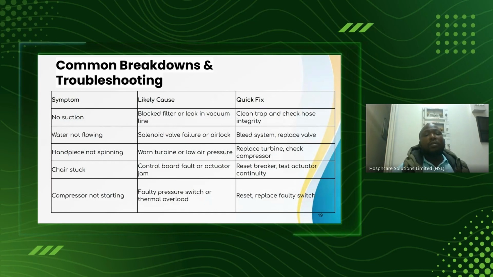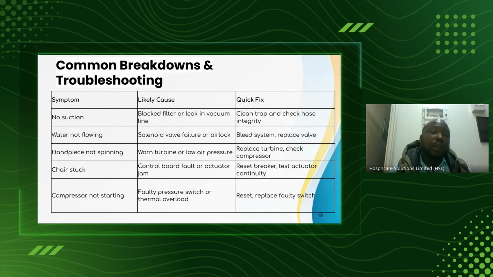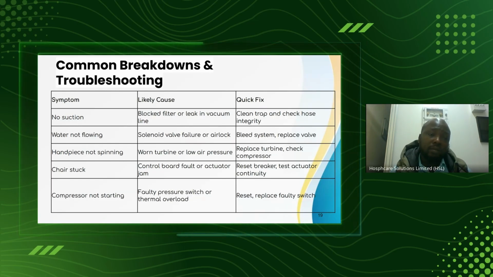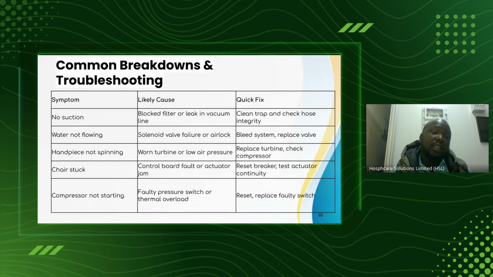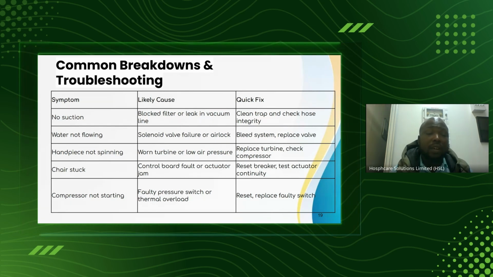So, common breakdown. If you realize there is no suction, this is the Venturi suction. Just know there is a blockage somewhere. This blockage comes from the filters. Once you suck things from the nozzle point, it goes to a certain filter before it goes to the line. So this filter needs to be cleaned after every procedure.